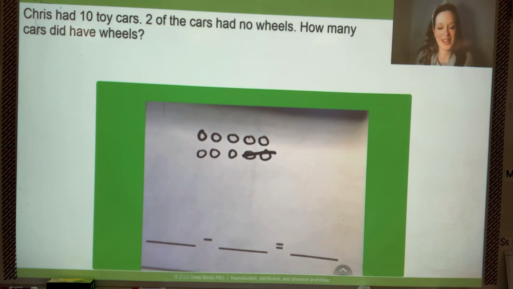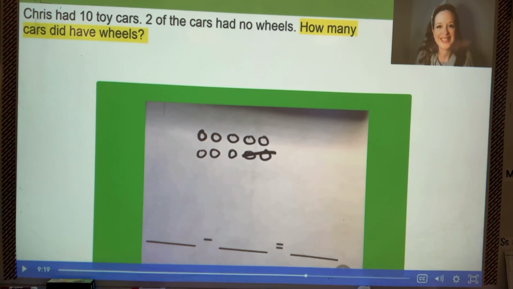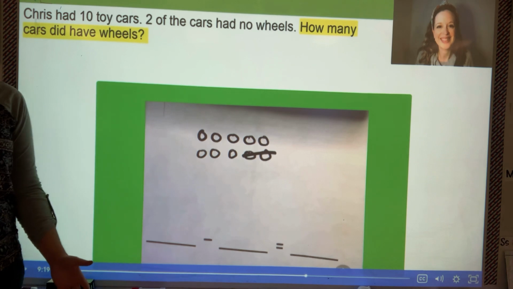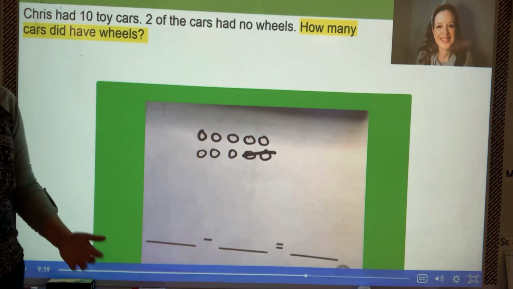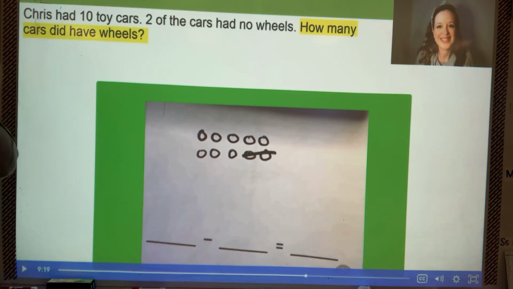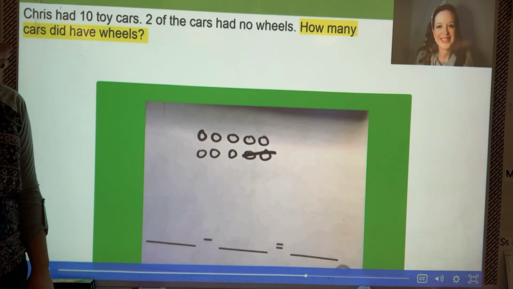Let's read the next chunk. Ready? How many cars did have wheels? How many cars had wheels? Point to the part of your drawing that shows the cars with wheels. Okay. Once you've done that, show me on your fingers. How many cars did have wheels? Good job.